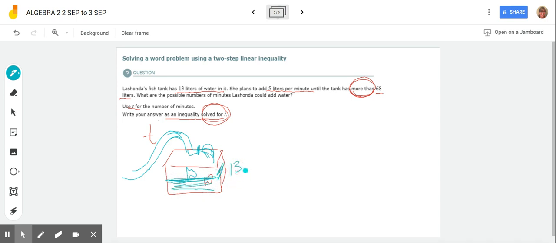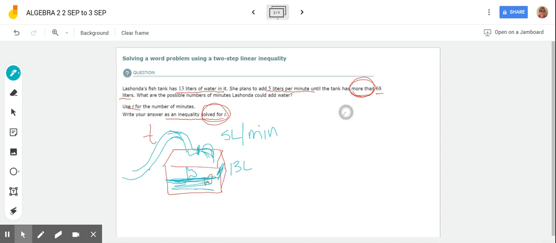So that is 13 liters. She plans to add 5 liters per minute until the tank has more than 68 liters. Does that mean she'll keep filling it till it fills over the floor? Okay, anyway, it says she wants it to have more than 68.